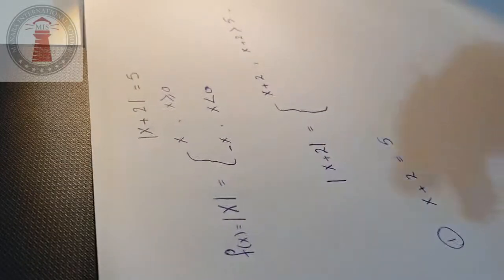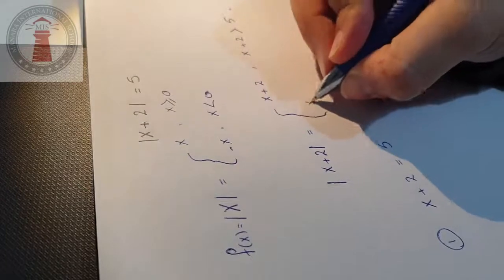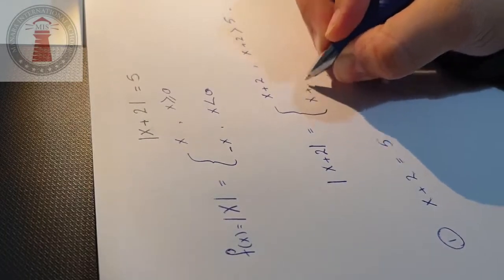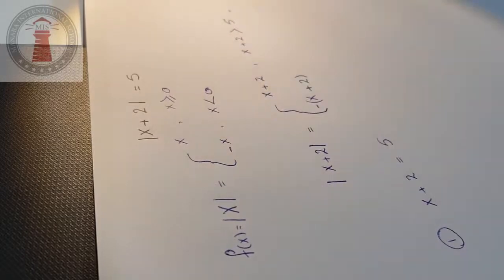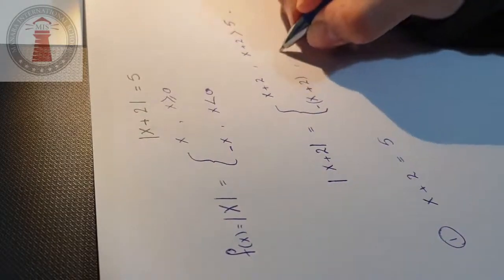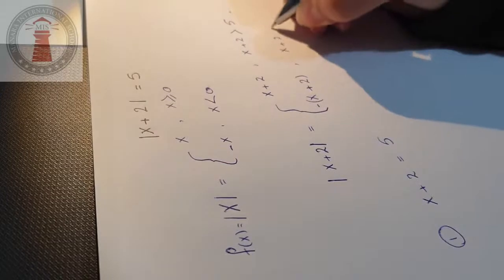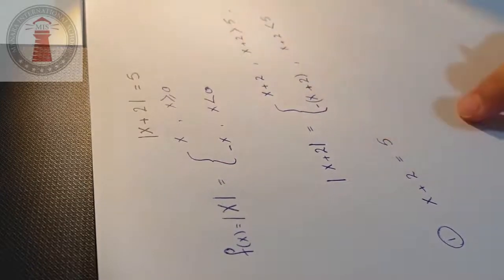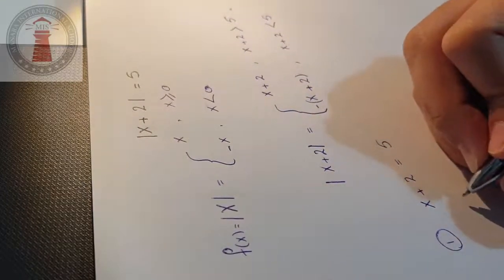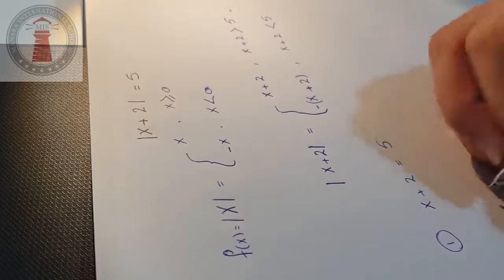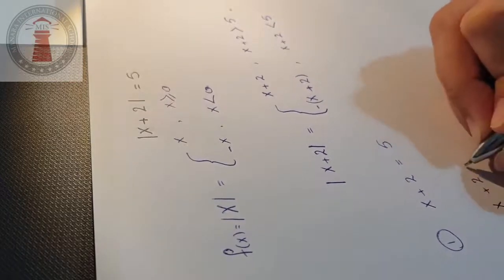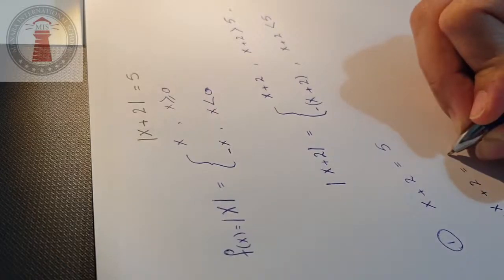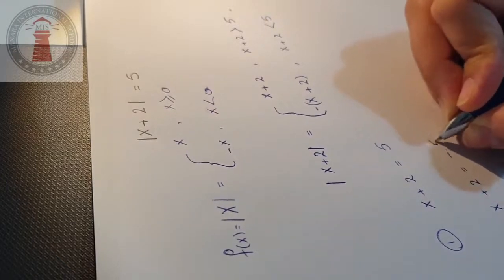Case number two is x plus 2 in negative, where x plus 2 is less than 0, which means in case number two x plus 2 is equal to negative 5.